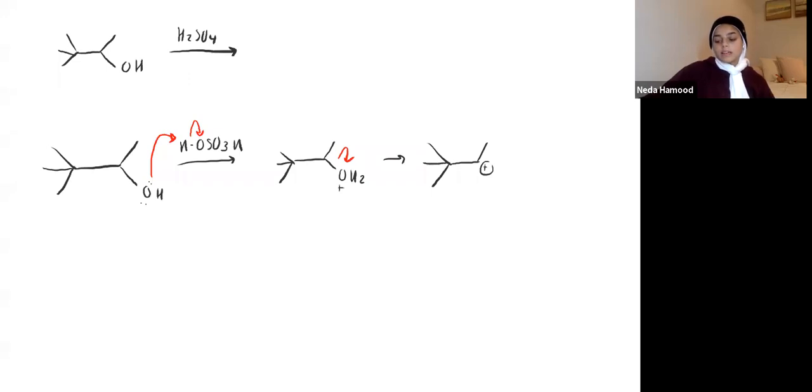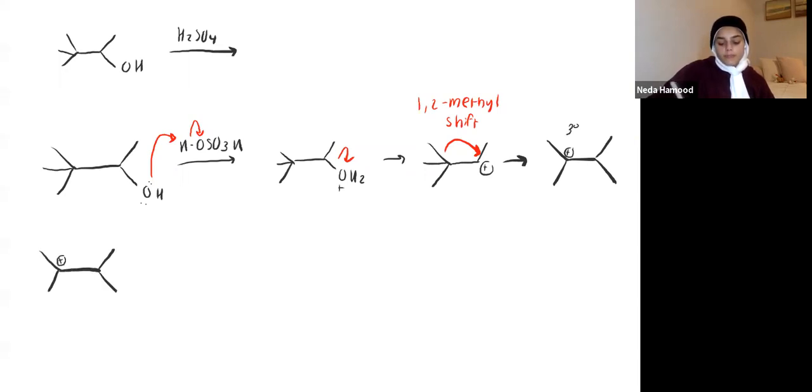But then you have a secondary carbocation, but you are able to do a methyl shift. So you have a 1,2 methyl shift. This time it actually is methyl. And then you get this. So now you have a tertiary carbocation, and with that tertiary carbocation, you are able to do this.